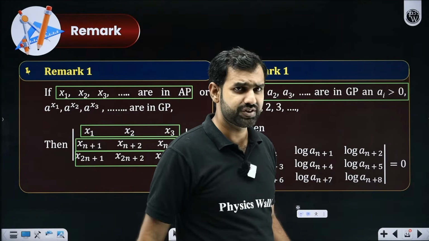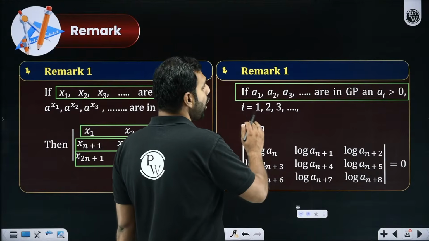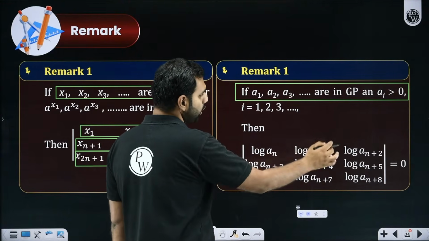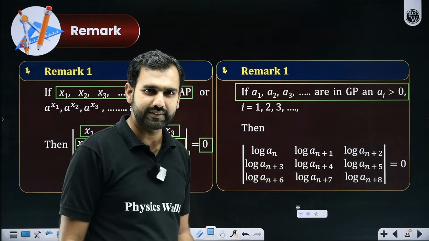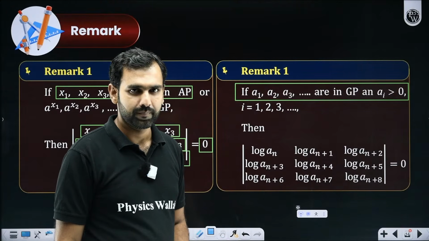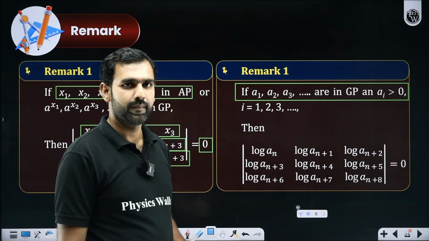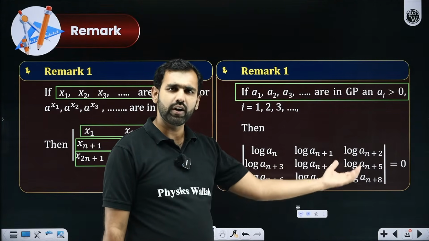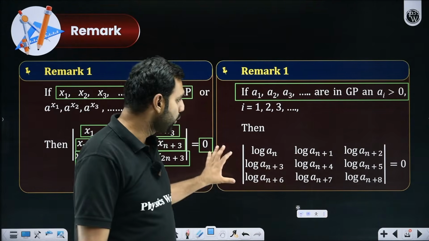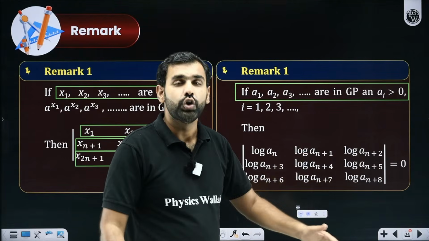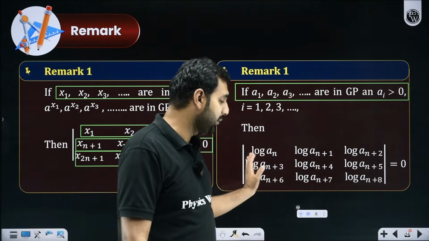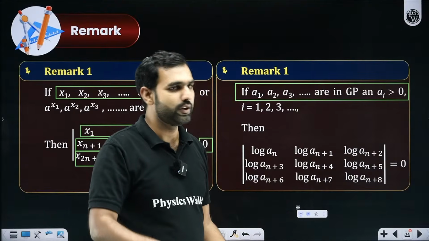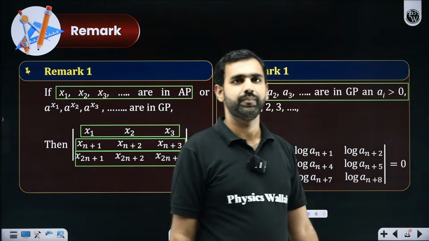So what we have just discussed, sir, if you take log of them, which means log A1, log A2, log A3, log A4, log A5, log A6, they'll be in AP. Getting it or not? So if I write log A1, log A2, log A3, log A4, log A5, log A6, and so on, it will be an AP. So in a determinant, if you put elements of an AP, I need not tell you, its value will be 0.